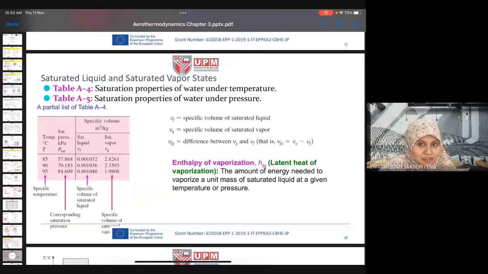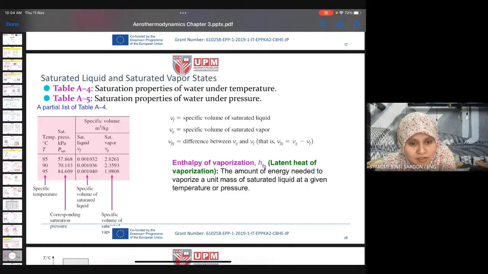You can just Google those tables, saturation properties. Vf with the small f is the specific volume for liquid, and just now hf is the enthalpy of saturated liquid. Vg is the specific volume of saturated vapor.